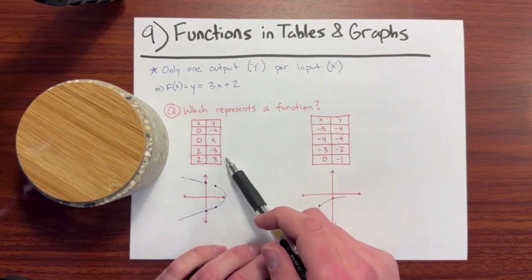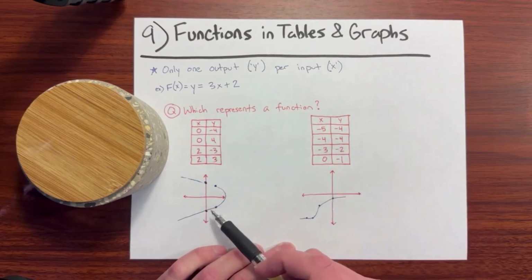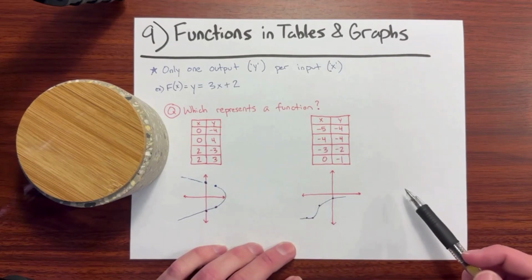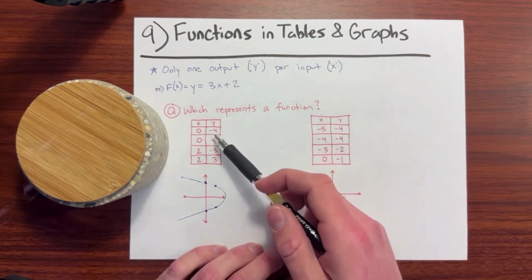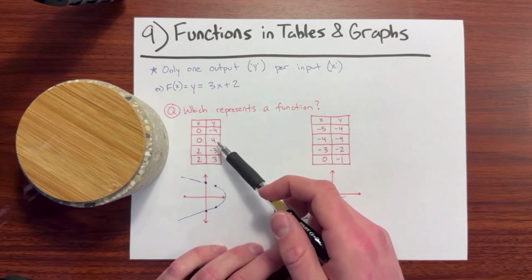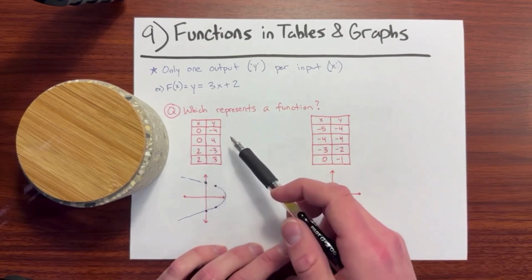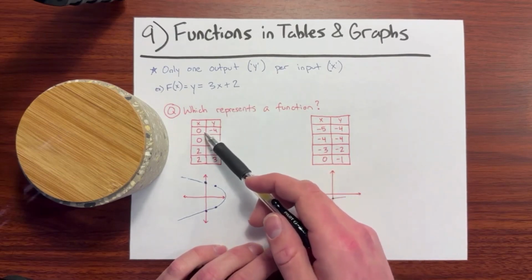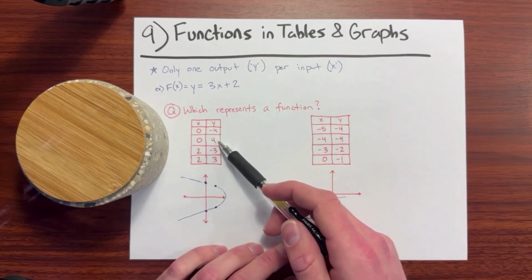So we are given 2 tables with different points, and I've gone ahead and plotted those points to see what it looks like. The first table has the points (0, -4), (0, 4), (2, -3), and (2, 3). As you can see, for a single input of x, there are multiple outputs y.